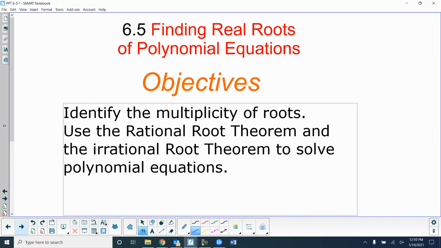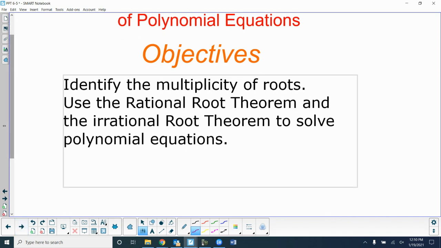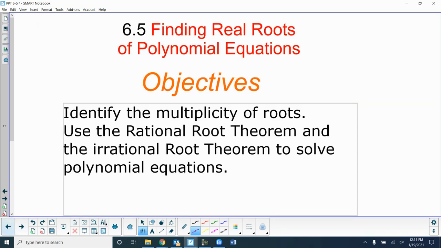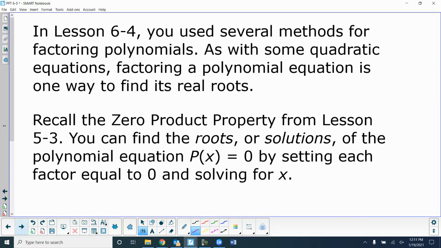Use the rational root theorem and irrational root theorem to solve polynomial equations. We're not actually going to do that because we have a calculator that'll find our roots for us. We're not going to have to use those 2 theorems, okay? There's a way to think about the possible roots of a polynomial by looking at the leading coefficient and the constant, the first term and the last term.